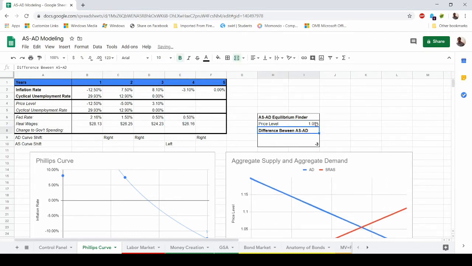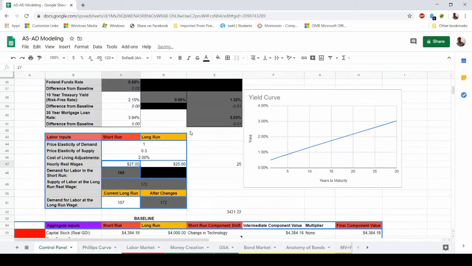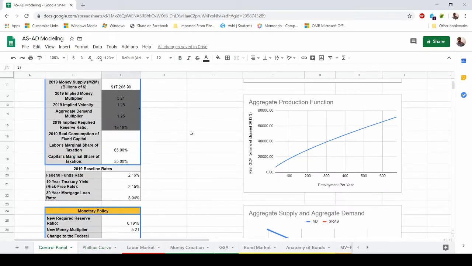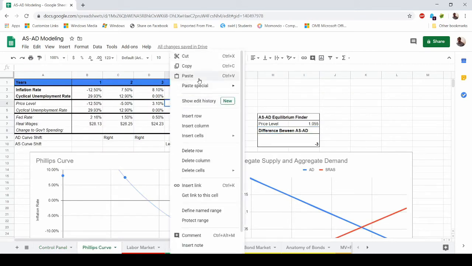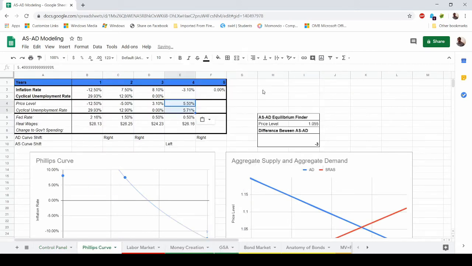So that change in real wages results in an increase in unemployment as well as inflation. And you'll see that once I put these values into our year 4. Yes.